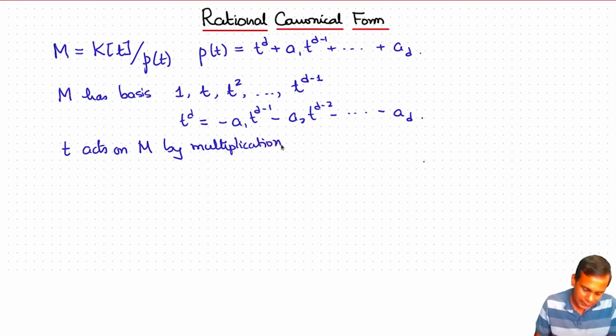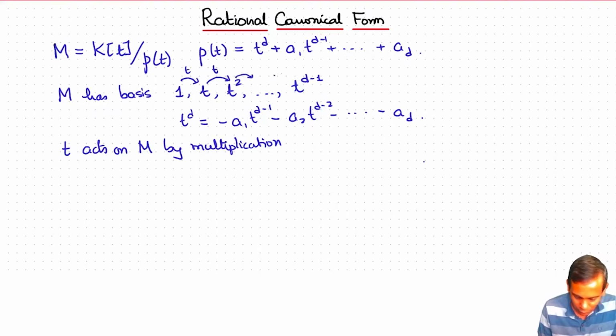So T takes the first basis vector 1 to the basis vector t, and it takes t to the third basis vector t squared, and so on all the way up to t to the d minus 1, and then takes t to the d minus 1 to t to the d, which is no longer in our basis. However, it is given by a linear combination of our basis vectors as follows: minus a1 t to the d minus 1 minus a2 t to the power d minus 2 all the way down to minus ad.